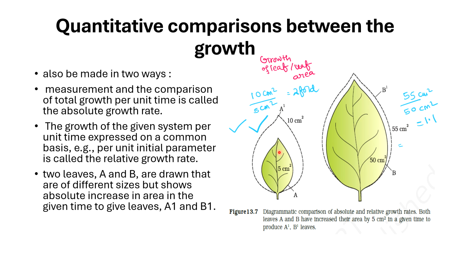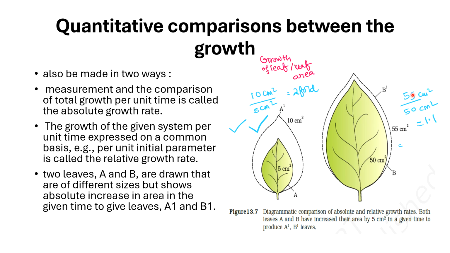So if we take that into account, what will we have? For A, the initial area was 5 centimeters square. After time t, we got an area of 10 centimeters square. So if we find the relative rate, we get 2 times. So the relative growth rate is 2 times or twofold. But in case of B, initially it was 50 centimeters square area.